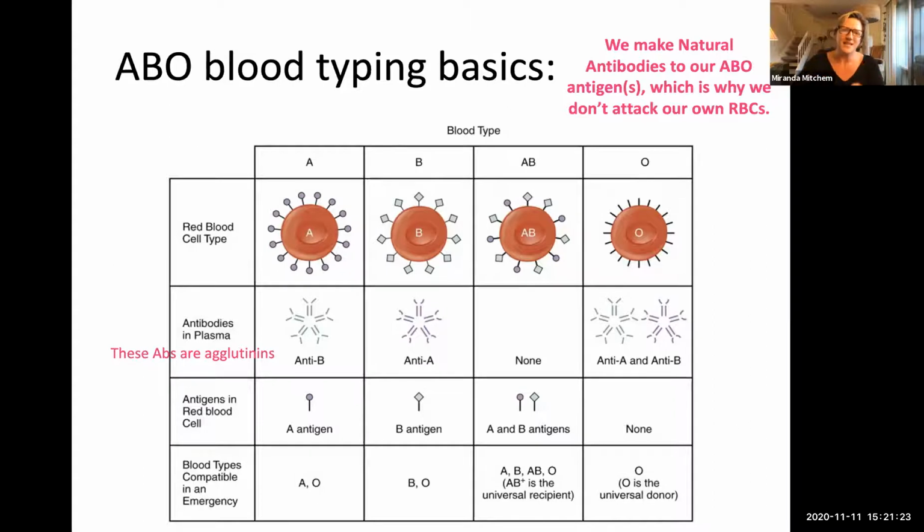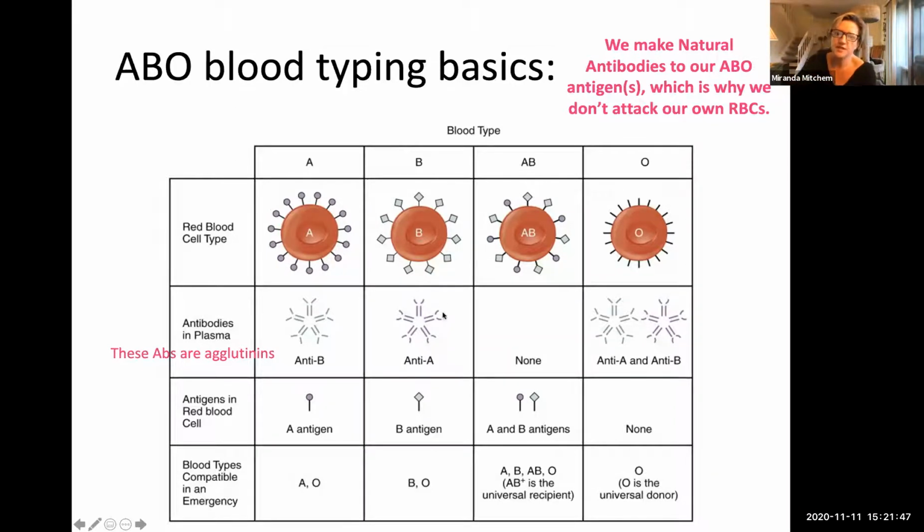Agglutinate means stick together. So notice that this is a pentamer. This is the IgM pentamer because it's got 10 binding sites on it. So that's a place to bind 10 different B carbohydrates. That's how agglutination happens. It clumps it together.